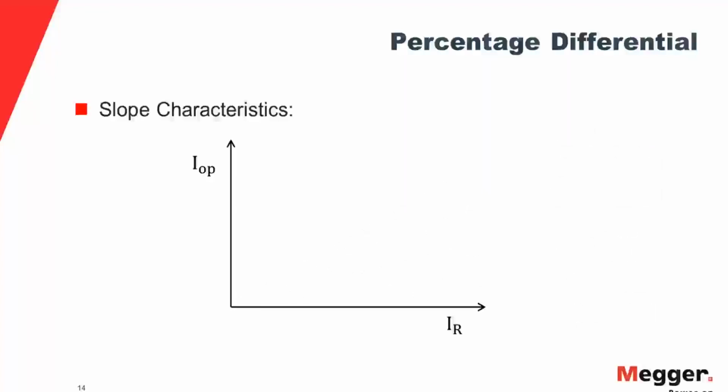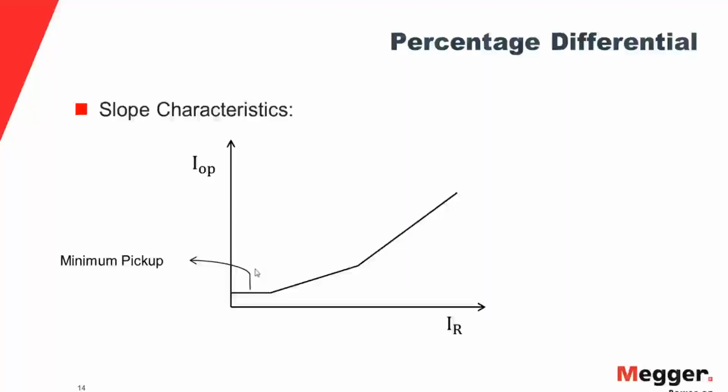So if I have a slope here, what does that mean? As an engineer or as a technician, what does that mean to us? So let's assume at this particular point, you at least need 50% of whatever the IR is for the relay to operate. So your IOP should be 50% or more than IR at that particular point.